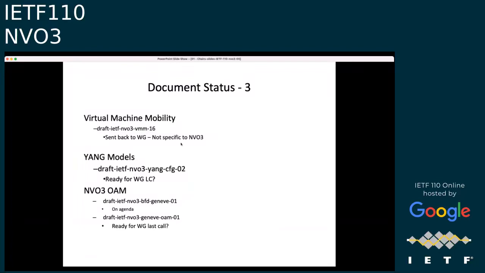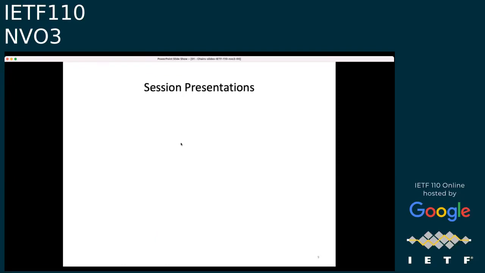And we have two OAM-related working group drafts. We have the BFD Genève draft that's on the agenda, and we also have the Genève OAM draft, which we just discussed. Okay, so first up is BFD for Genève.